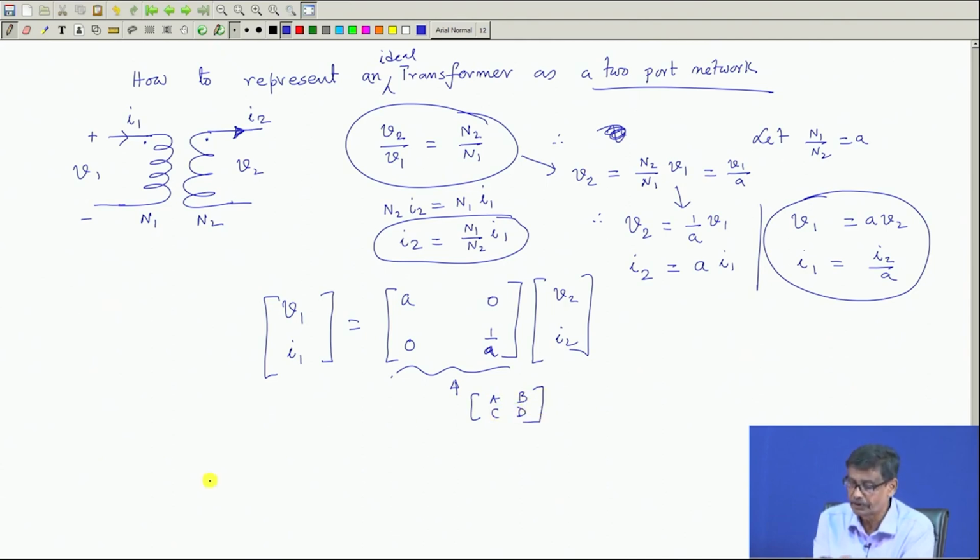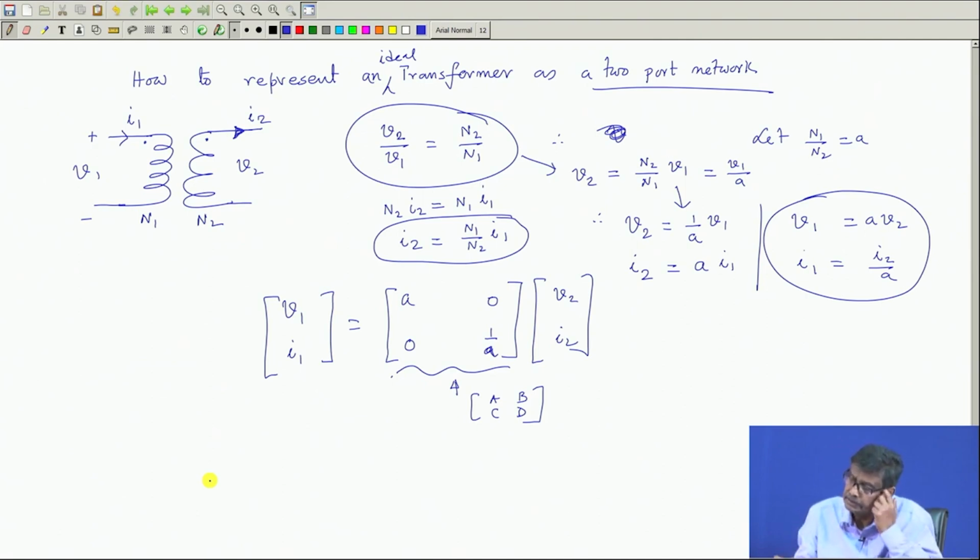So a transformer can be considered to be a 2-port network whose ABCD matrix is this. Can this be represented as an impedance matrix?